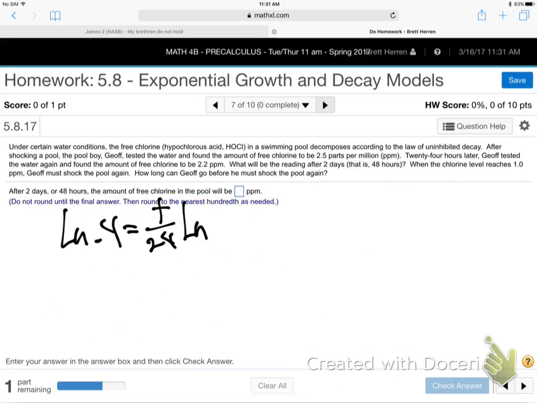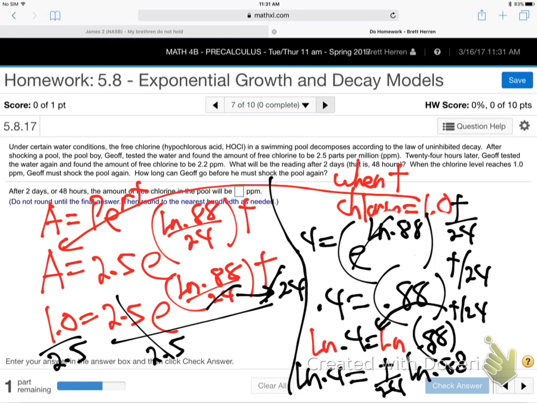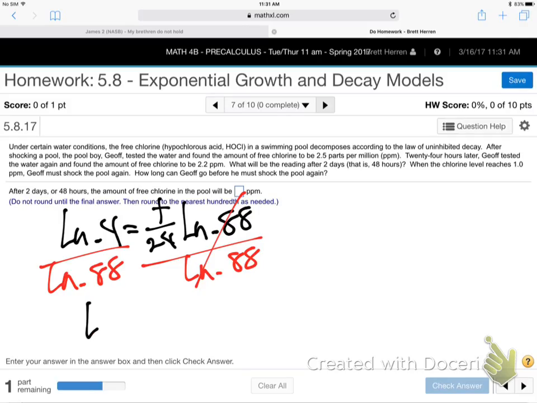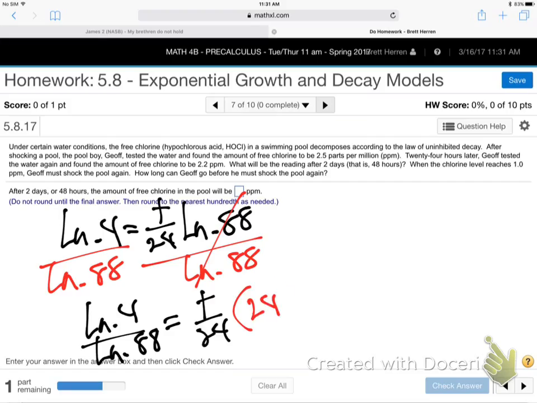So then, all right, am I doing that right? Yeah. So now, how do we finish solving for T? Well, you need to divide off the ln 0.88, for starters. We get to there. What's the last step? Just multiply by that 24, right?